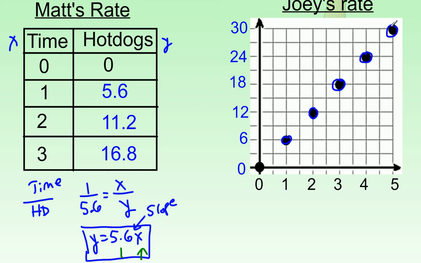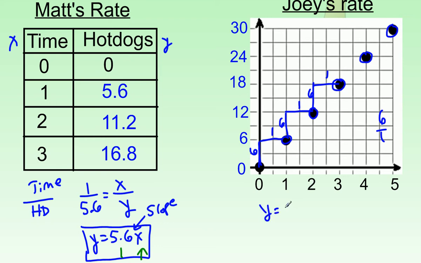Yeah, so that is every 6 up, go 1 over. Up 6 over 1. Notice I'm not counting boxes, I'm looking at the units. From here to here is up 6 units this way, and here to here is over 1 unit that way. So the slope is 6 over 1. That would be his rate.